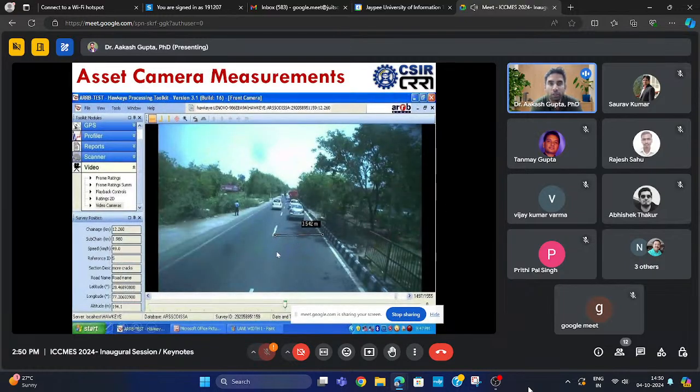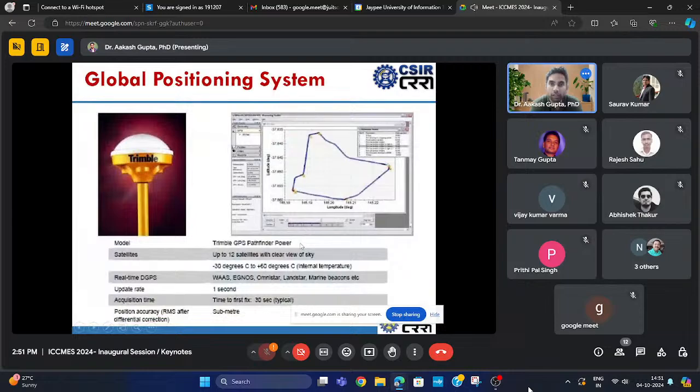This is one of the screenshots of the camera. When you transfer that video to your laptop and analyze the data, you just move the cursor from this point to this point, and automatically it shows that the width of this lane is 3.542 meters.